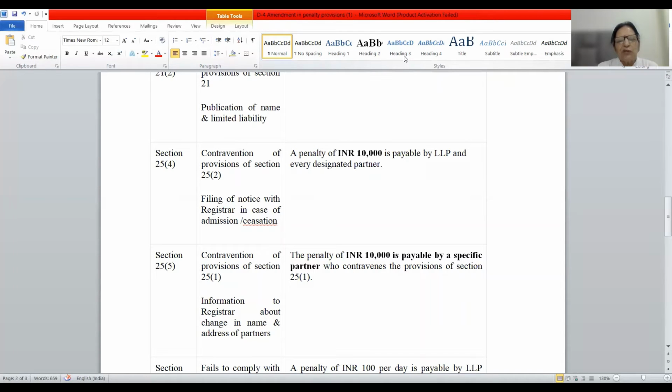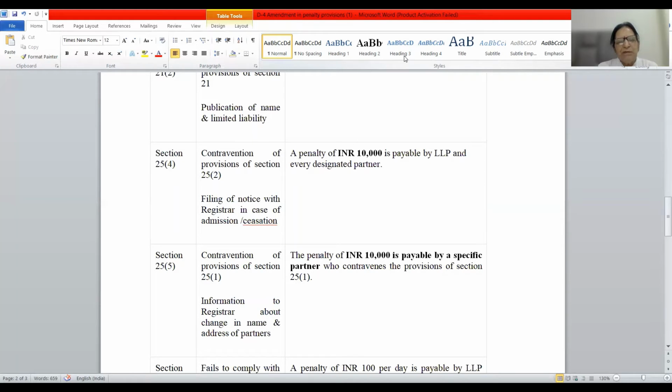The person ceases to be a partner of LLP on death, or if the LLP is a partner, on its dissolution, or if a company is a partner, then on its liquidation. Or by giving 30 days notice, the person can cease to be a partner of LLP.